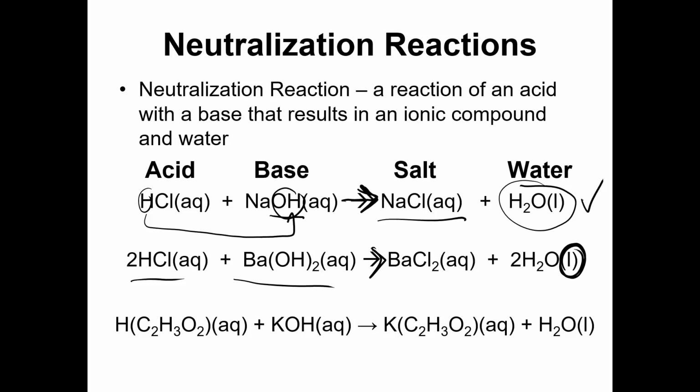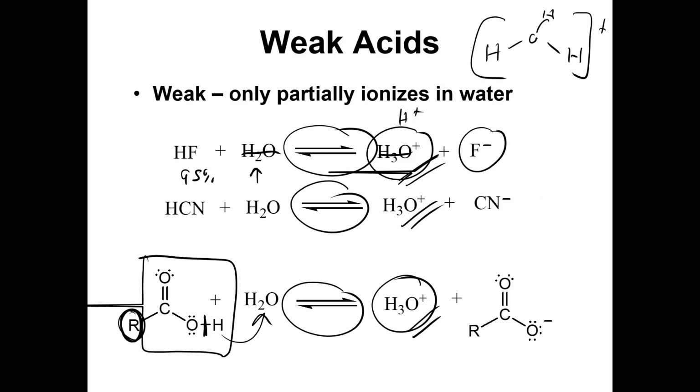Same thing is true for weak acids here. This is acetic acid. All right, so acetate and hydrogen together makes acetic acid. But we are adding it to a strong base. What that means for this particular reaction is, if only a little bit of this H plus is ripped off, the base is going to keep reacting to form water.